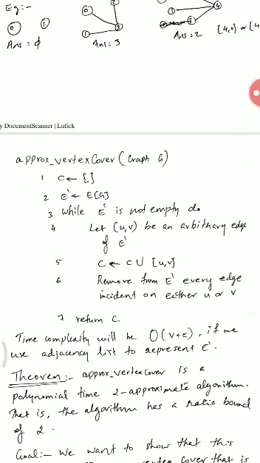So all edges are removed, and that means U and V are the representatives of the edges incident on either U or V. We will continue this process until all the edges are removed from E dash.